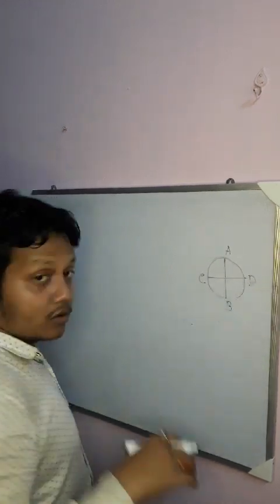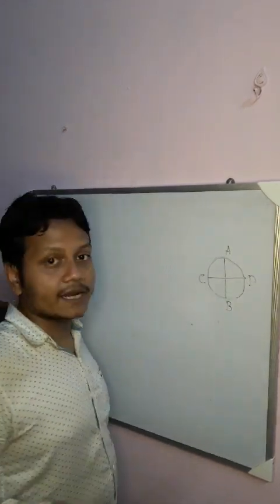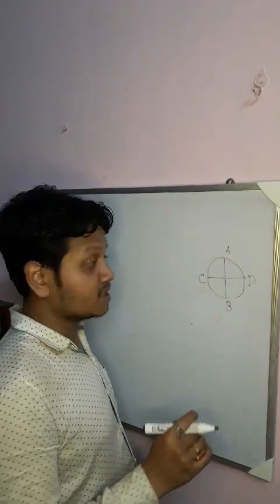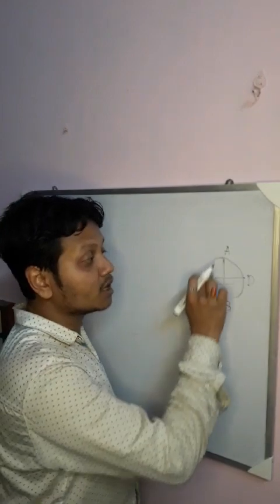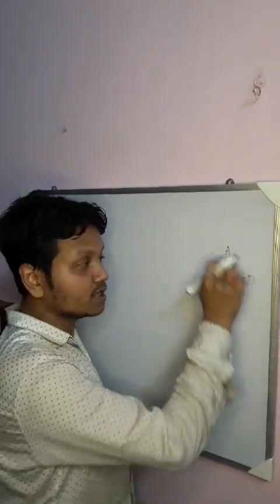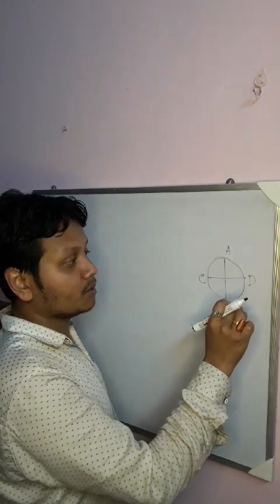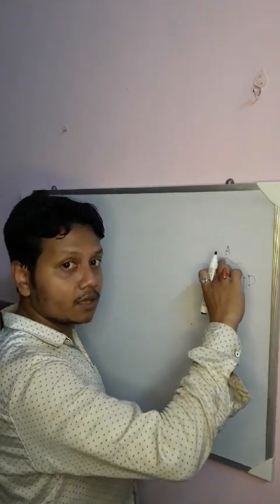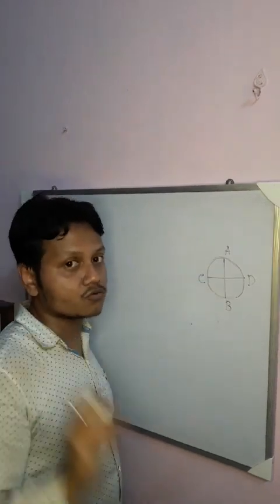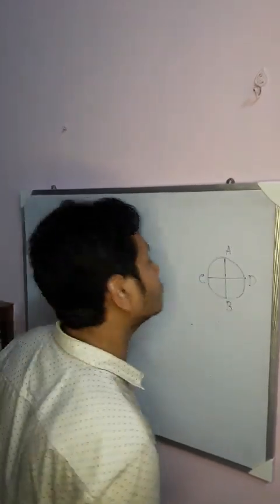Previously we calculated that half m r square is the moment of inertia about an axis passing through the center and perpendicular to this plane. That means moment of inertia about AB plus moment of inertia about CD equals half m r square, according to the perpendicular axis theorem.